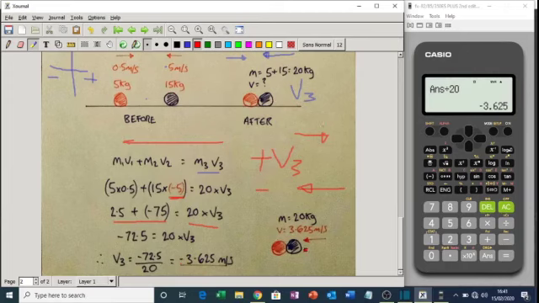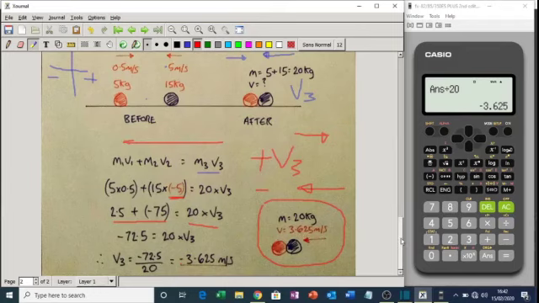So after collision, the two objects will weigh 20 kilograms and they will travel to the left at 3.625, which does make a bit of sense because this is 3 times as big and a lot faster. So they'll collide and move this way at 3.625 meters per second.